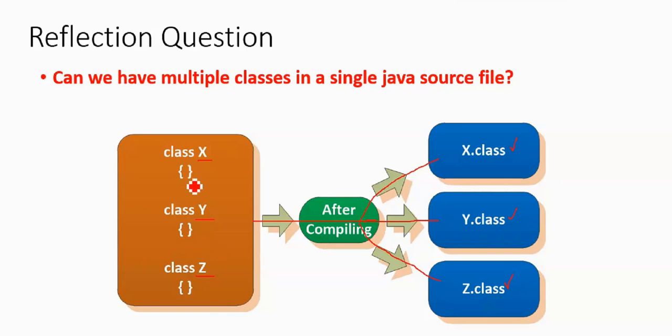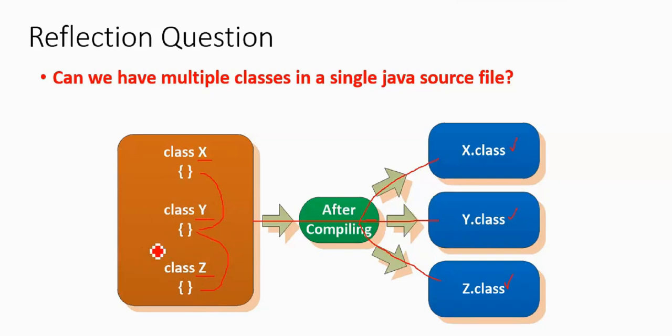Now, in this class X, class Y, class Z, if your main method is available in class Y, then you are using the object of class X and the object of class Z inside this class Y, and you are executing.